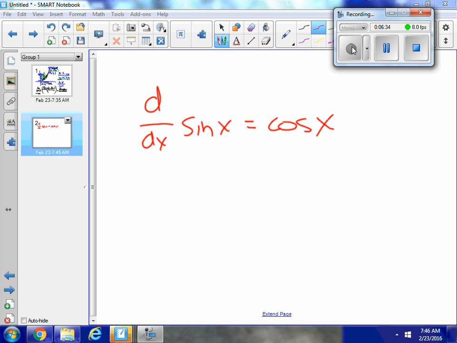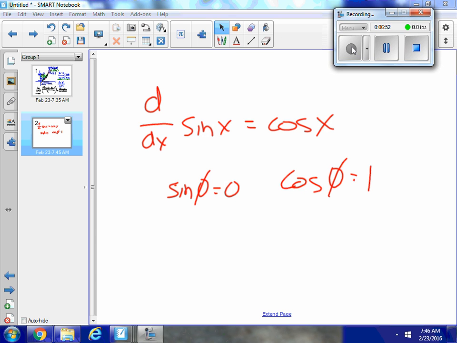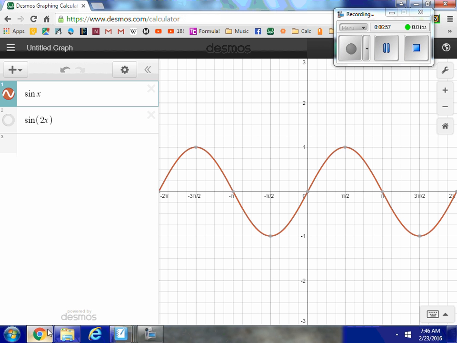And we know that the value of sine at 0 is equal to 0, but the value of cosine at 0 is equal to 1. So if I go back to my graph right here, I'm looking at the slope of the line right there as sine is 0, and that slope looks pretty much like 1.